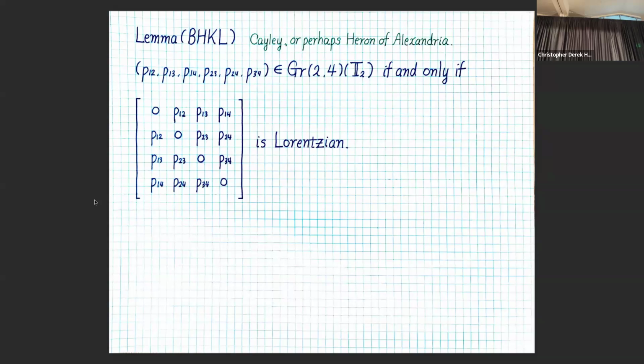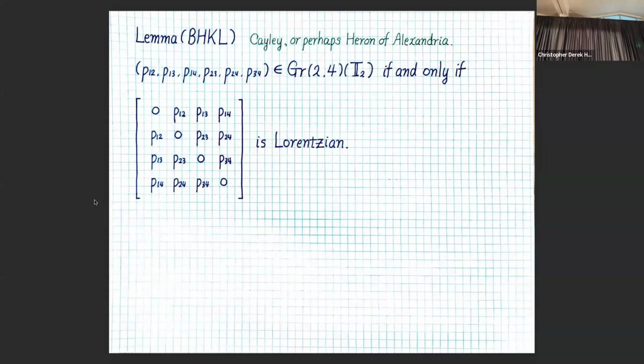And this is exactly the characterization of Lorentzian matrices. And when you have 0 on the diagonal, the good thing is that you don't have to worry about 3 by 3 principal minors. It's just about testing the 4 by 4, or the determinant, deciding the non-negativity of the determinant of this 4 by 4 matrix.